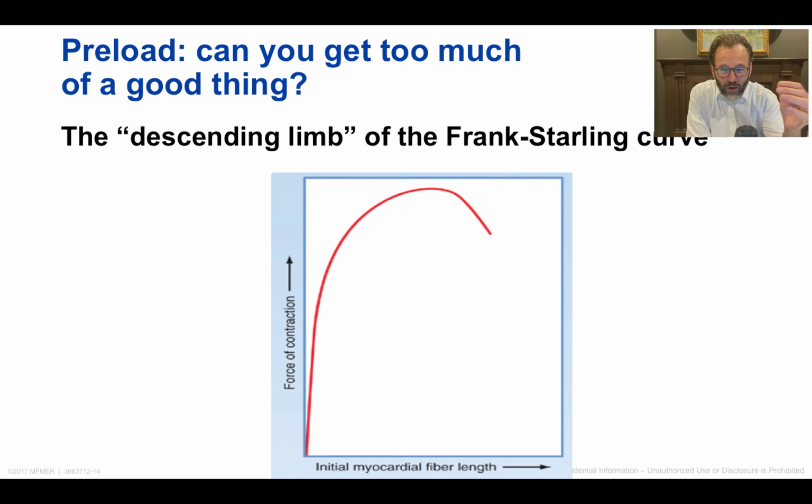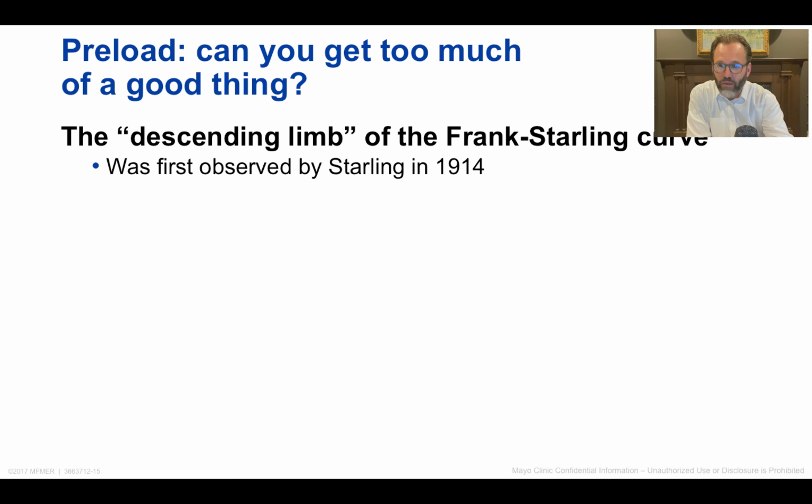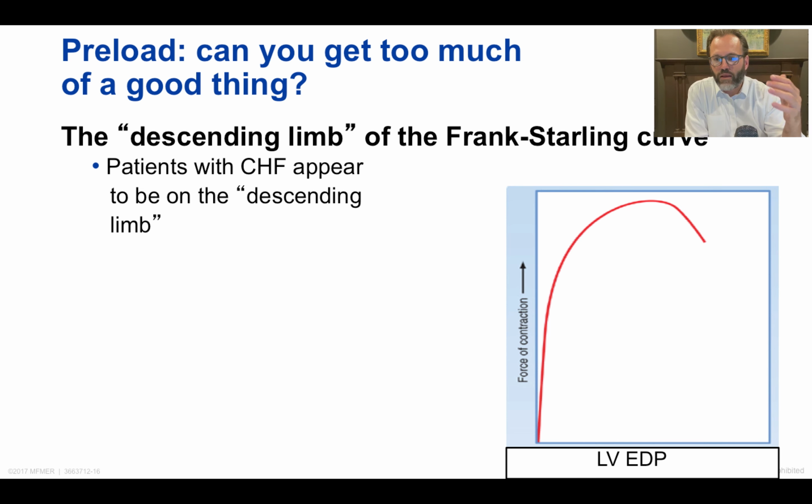So that begs the question, well, it would appear as though you can get too much of a good thing. This descending limb of the Frank-Starling curve was first observed by Starling in 1914. And it's been postulated on many occasions that patients with heart failure appear to be operating on a descending limb of this Frank-Starling relationship.